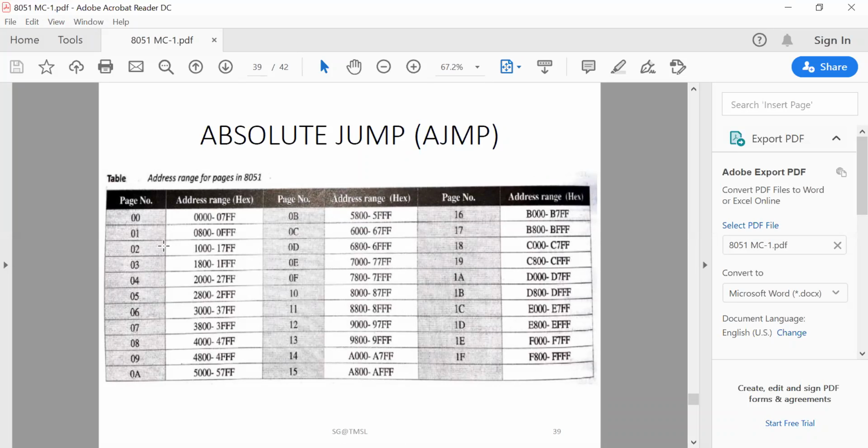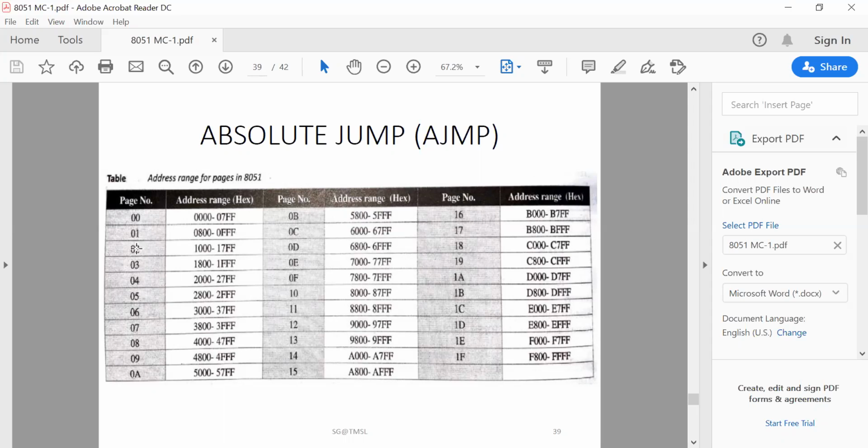If 1000 is converted into binary form, it can be written as 0001 0000 0000 0000. So the upper 5 bits are A15, A14, A13, A12, and A11, since they are represented by address lines.